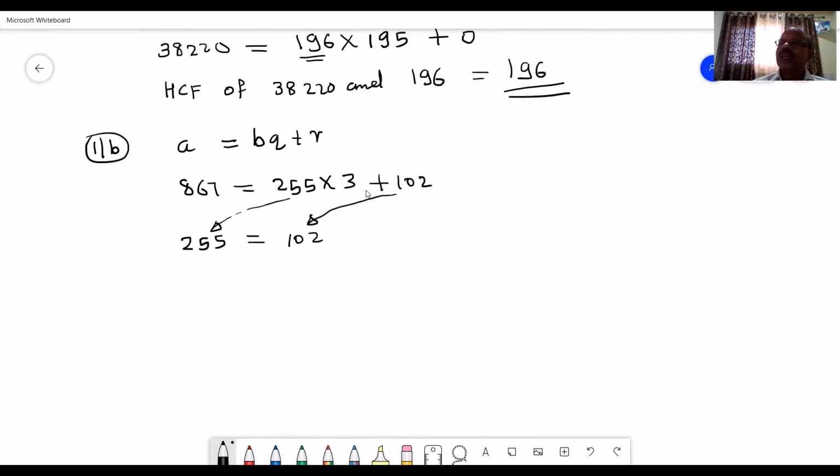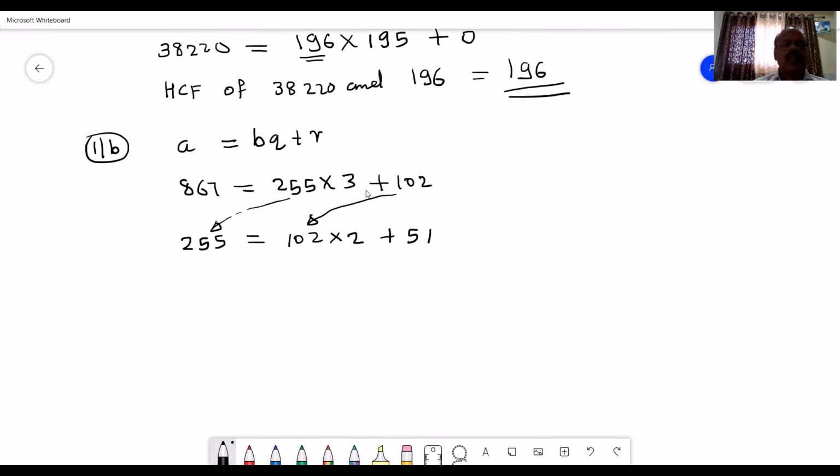You have to see how many times 102 will go in 255. I have found that it will go only 2 times, and the remainder we get is 51.